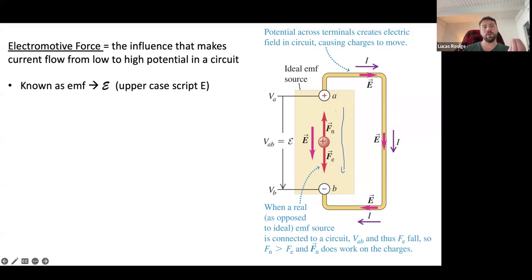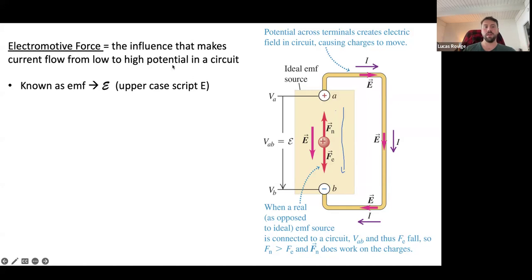And so electromotive force is actually the influence that takes electrons from the lower potential and makes them go to the higher potential. Or, so it's more intuitive, it makes the current flow from low potential to high potential.